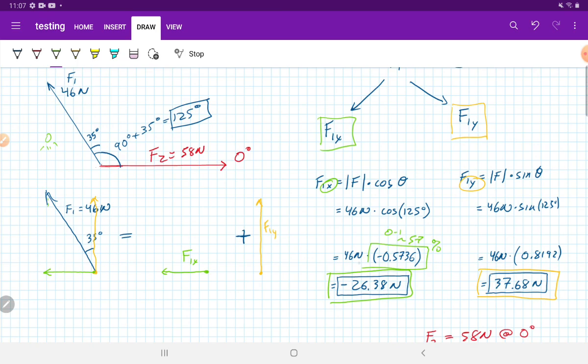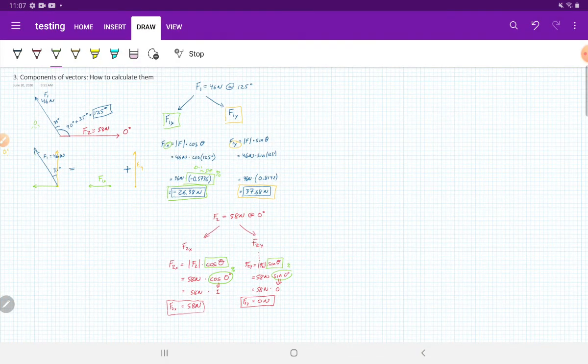When I multiply 0.57 times the value, I get, 26 newtons are actually pushing in the x direction. So hopefully that helps you calculate components of forces, and it gives you an idea of what these cosine and sine functions do. Hope that helps.